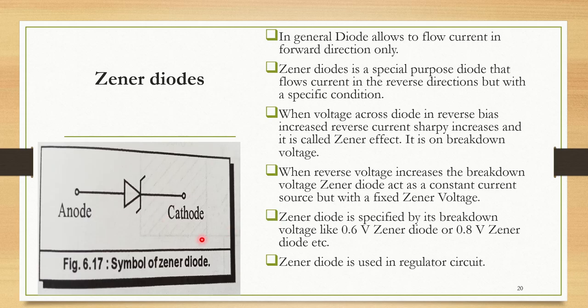So depending on which voltage, what type of Zener diode we are using, depending on the capacity of the breakdown voltage, Zener diodes are named like that. Zener diode is used as a regulator circuit, in circuits made to regulate the current.